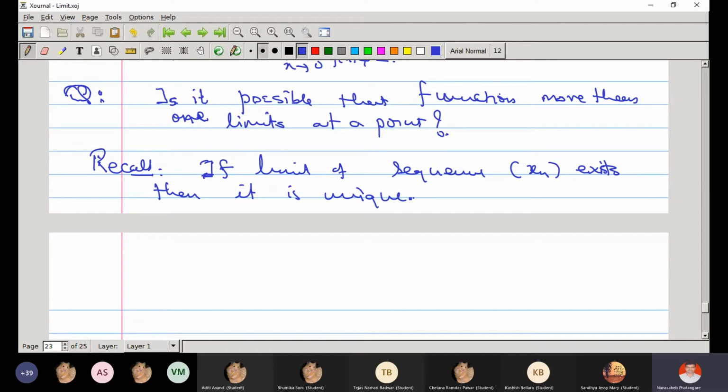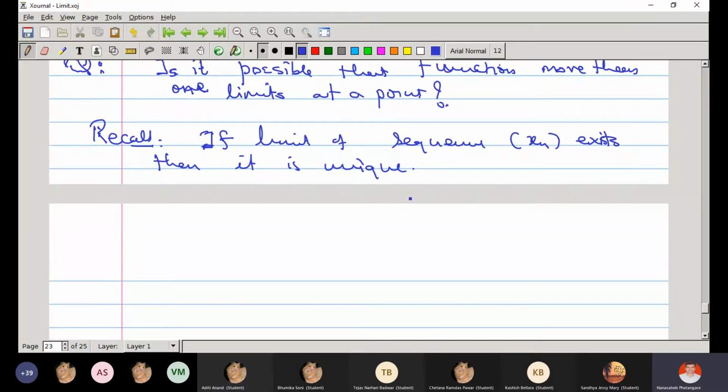So if limit of sequence exists, then it is unique. Do you remember this? Yes, sir. Right. That means when a sequence tends to some number, it will tend to that number only. No way to go to some different number.